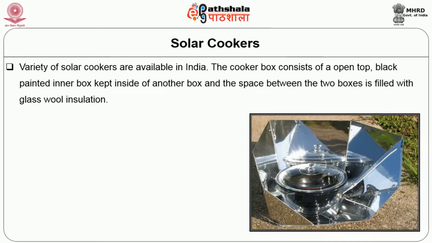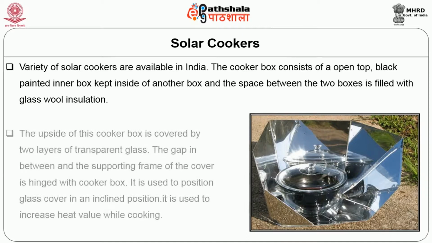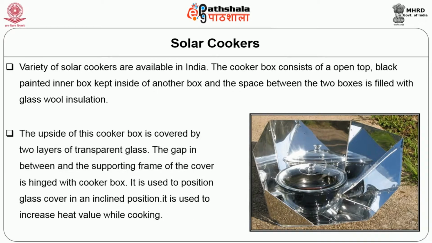Solar cookers. A variety of solar cookers are available in India. A box type solar cooker is shown in the figure. The solar cooker box consists of an open top, black painted inner box kept inside another box.